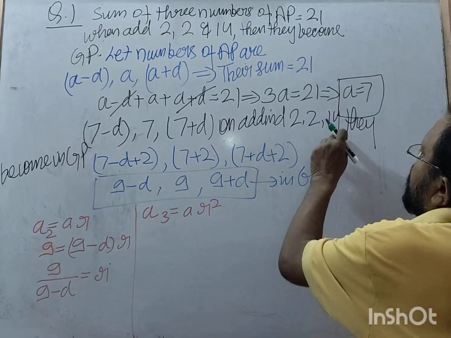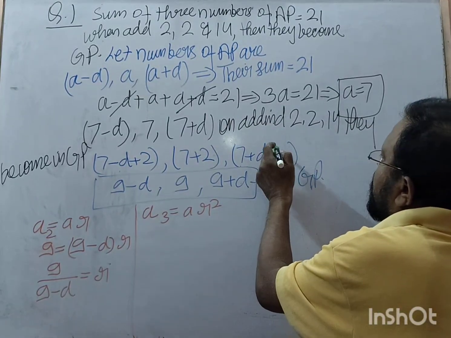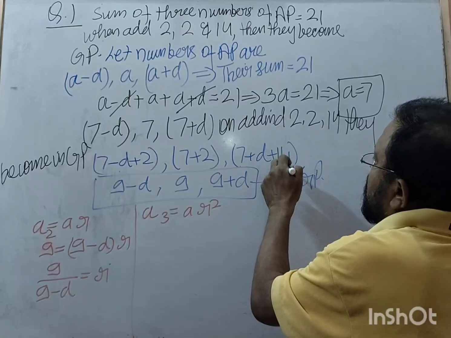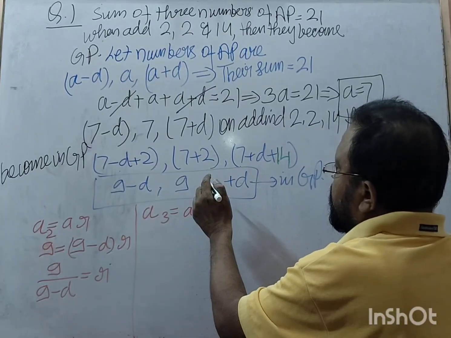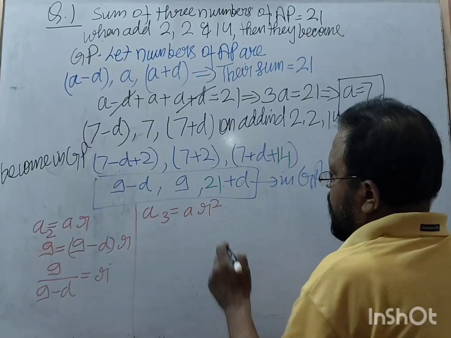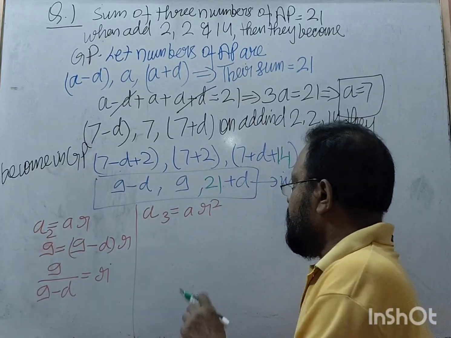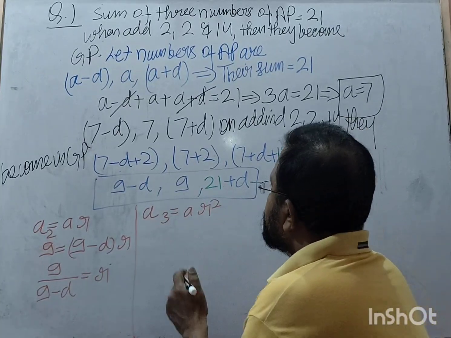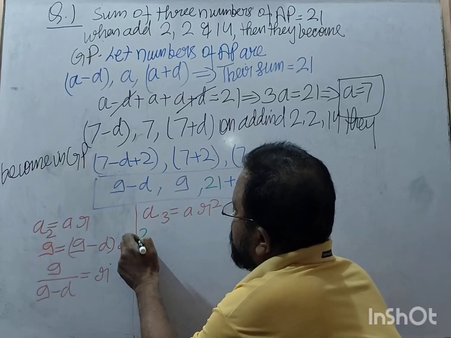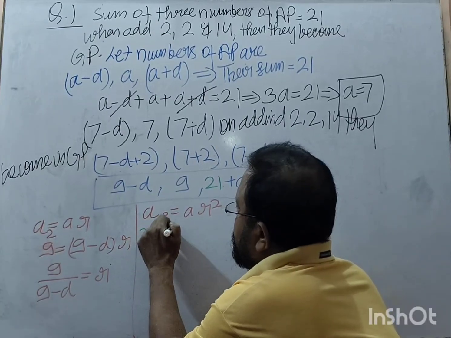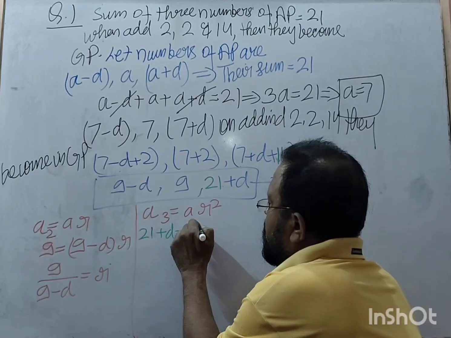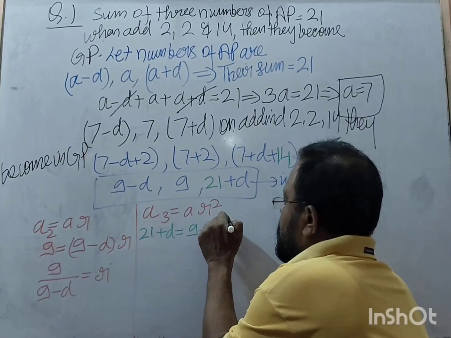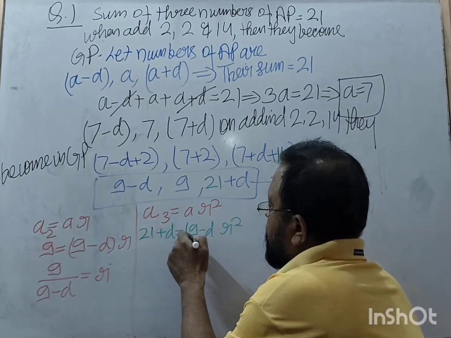We have to add 14 here, so it is 21 plus d. So 21 plus d is equal to 9 minus d into r square.